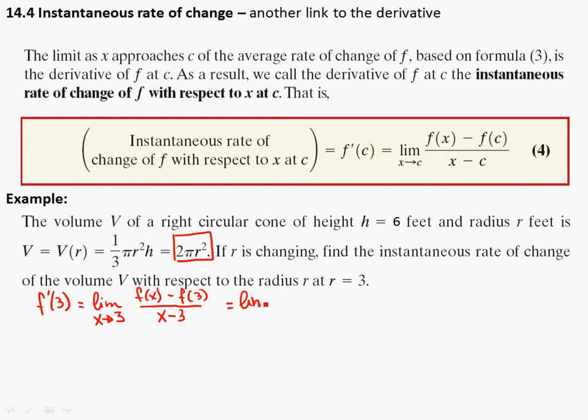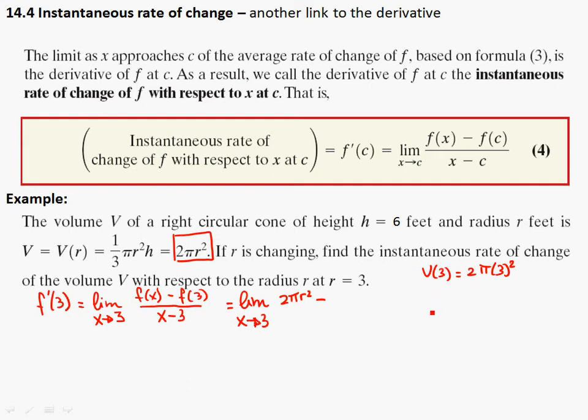At this point, one of the things you can do is substitute in for your function. The function is 2 pi r squared, minus the function's value at 3. So we need to find the volume at 3, which would be 2 pi times 3 squared, which is 18 pi.